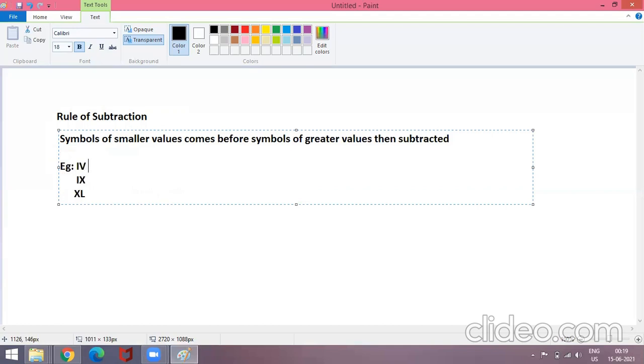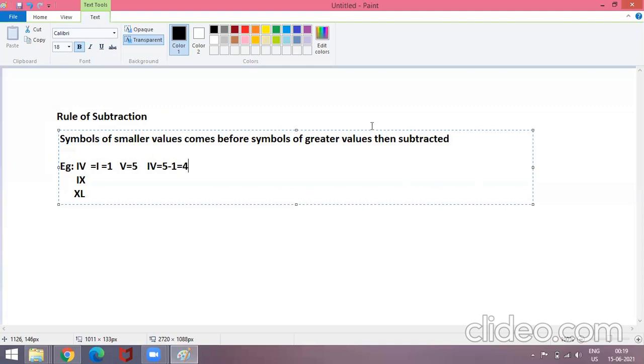You know that the value of I is equal to 1 and V is equal to 5. But in this case, I, which is a smaller value, comes before V, which is of greater value. So it has to be subtracted, right? So the representation for IV will be 5 minus 1, which is equal to 4.